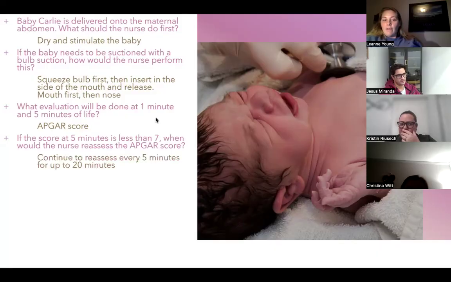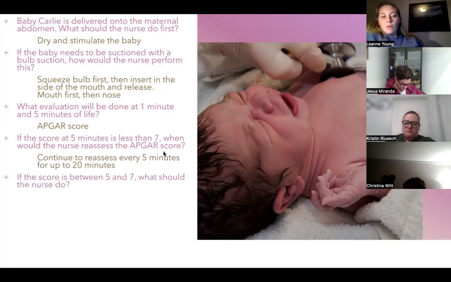Yes, we're going to do it every 5 minutes for up to 20 minutes. So if we don't immediately have a reassuring APGAR at 5 minutes and it's less than 7, we continue to do it every 5 minutes up to 20. Okay. If the score is between 5 and 7, what should the nurse do?